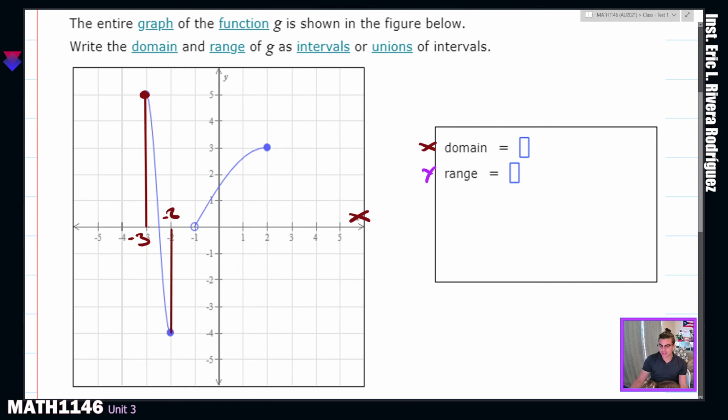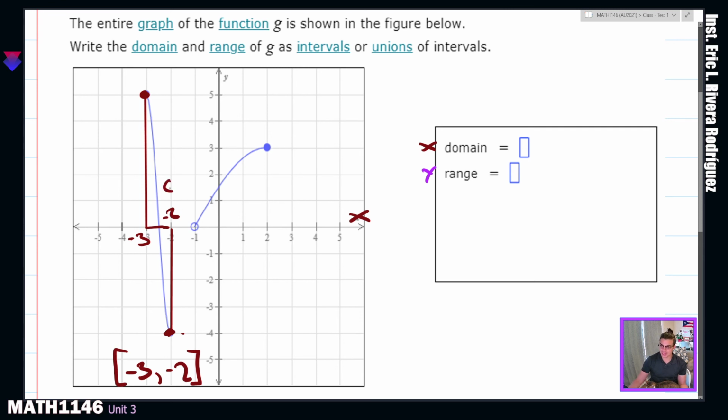So this graph is elongated, but horizontally it runs from negative 3 to negative 2. So this interval is from negative 3 to negative 2. And if we want to describe that interval, we need to use closed or square brackets because we have a solid dot here.